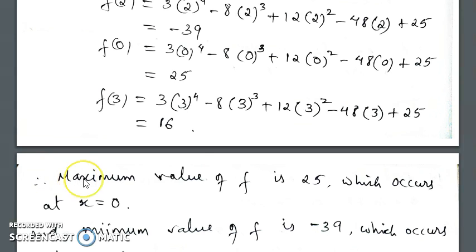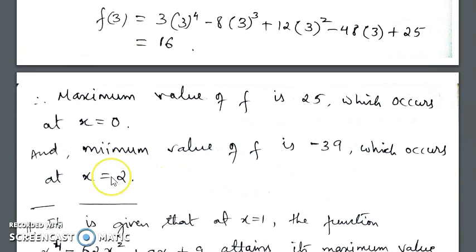Therefore, the maximum value of f is 25, which occurs at x equal to 0. And the minimum value of f, the smallest value, is minus 39, which occurs when x equal to 2. So up to that much will be the answer.